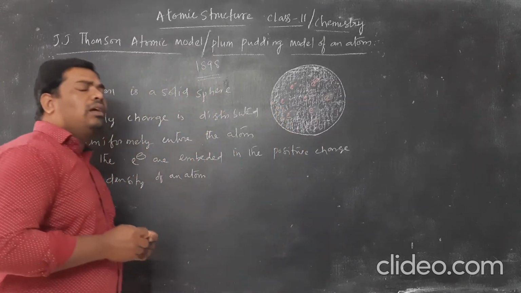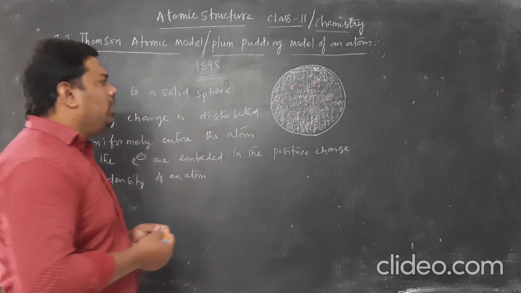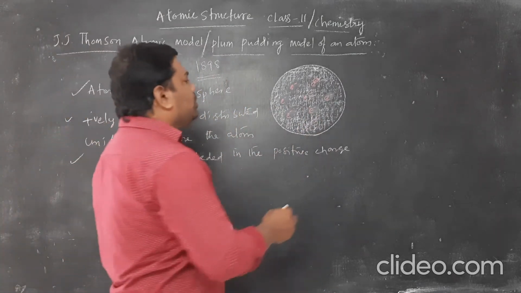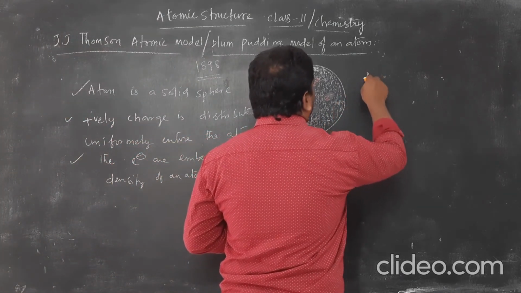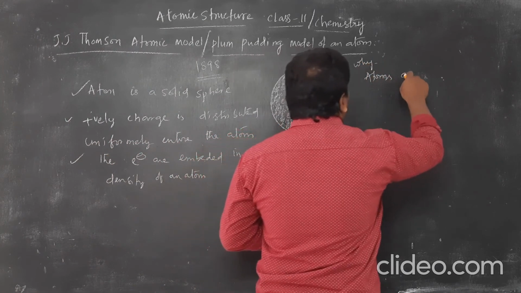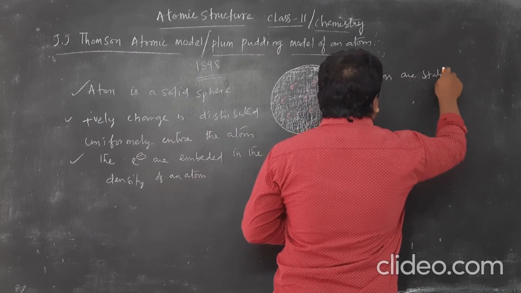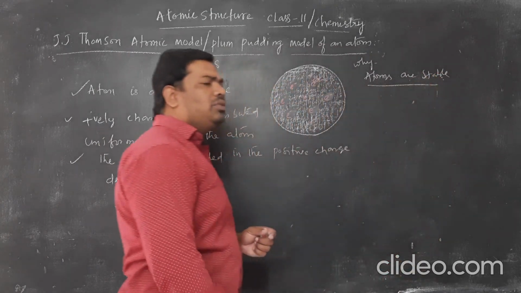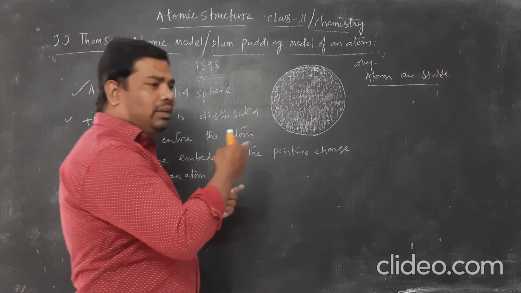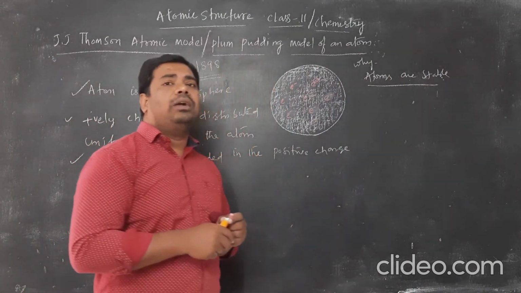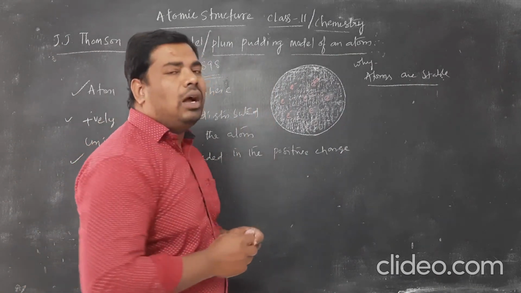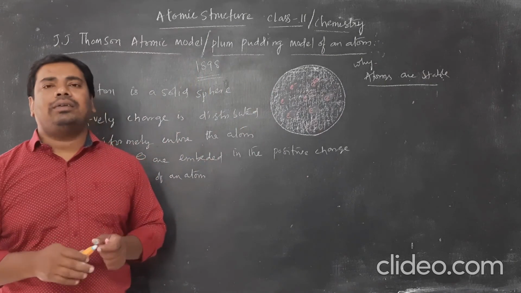But J.J. Thomson failed to explain why atoms are stable. The J.J. Thomson atomic model could not explain why atoms are stable. A series of experiments was done in the following years, and many scientists said that the J.J. Thomson atomic model is not accurate.